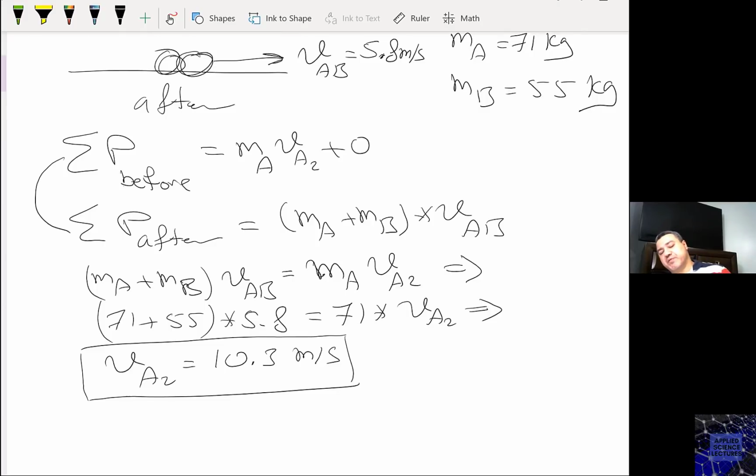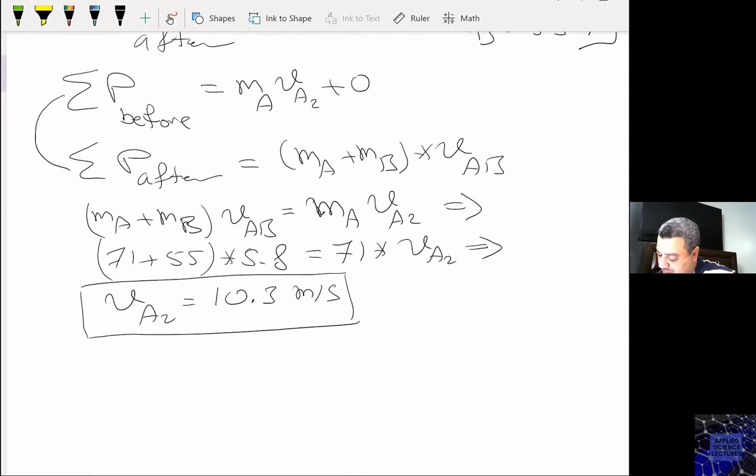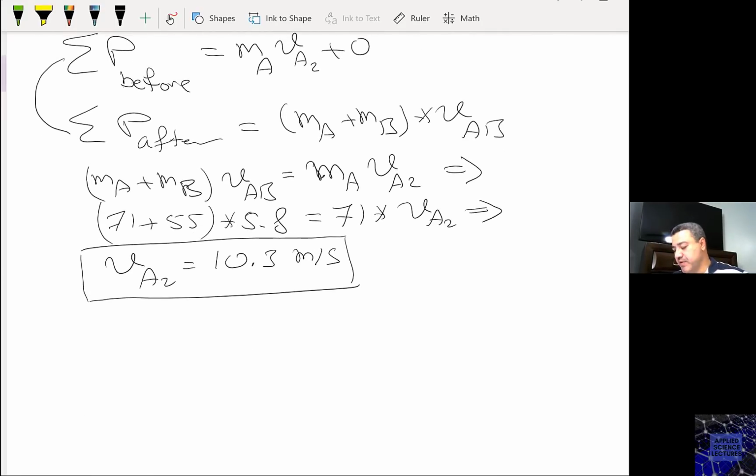So this is the maximum velocity, the maximum speed, right at y equals 0 for skier A, right before colliding with skier B. So we found his speed right at this location.